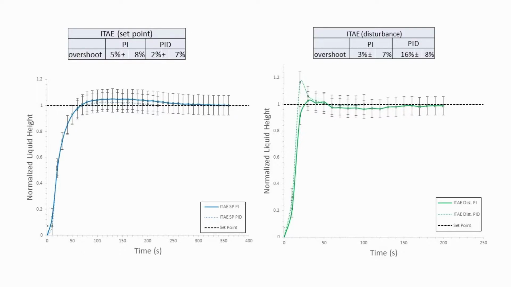And when using an ITAE disturbance controller, the overshoot was found to be 3% plus or minus 7% for a PI controller and 16% plus or minus 8% for a PID controller. When taking into account the error in the measurement of the liquid level height, there is virtually no error for the three methods of IMC, ITAE setpoint, and disturbance.